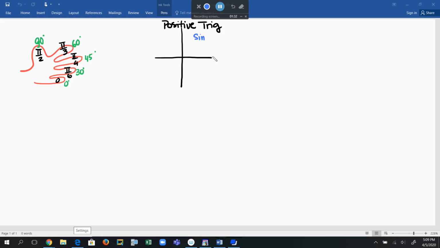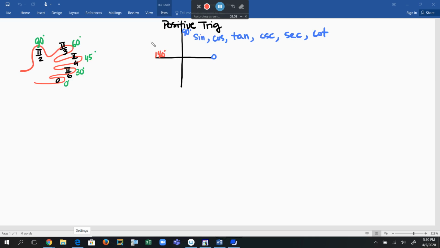So sine, cosine, tangent, and cosecant, secant, and cotangent are all positive. Now we move on to quadrant number 2, from 90 to 180 degrees.